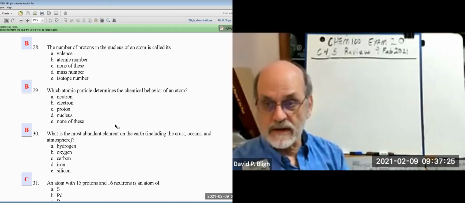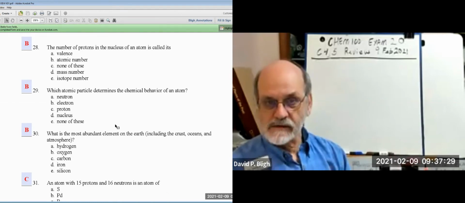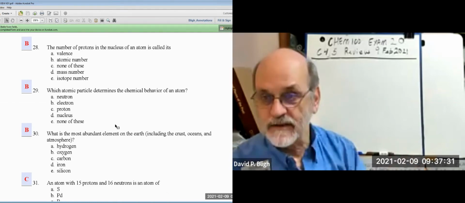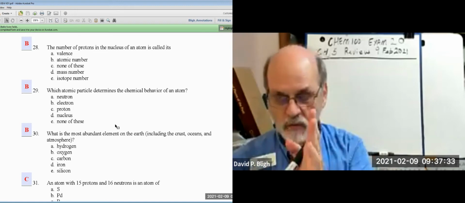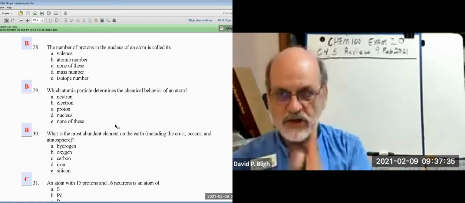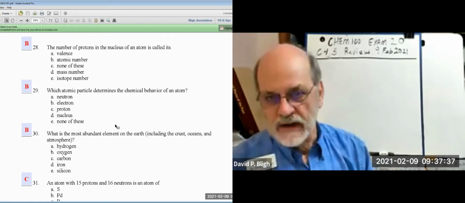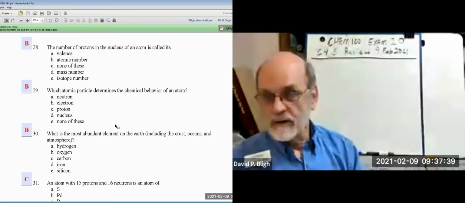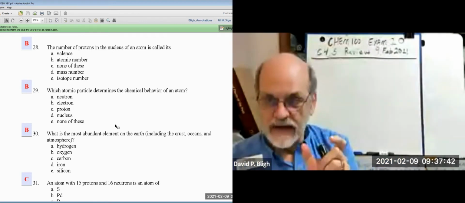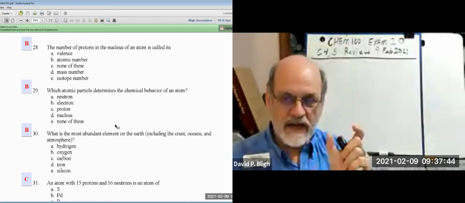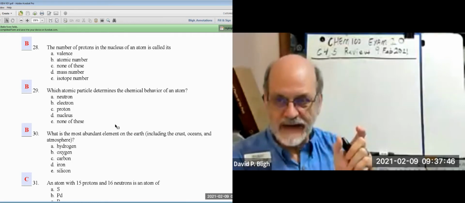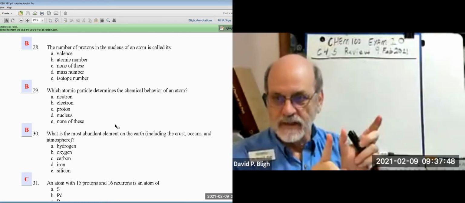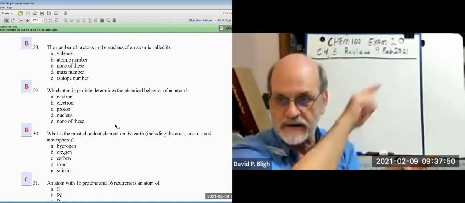Remember, Moseley was doing X-ray spectrometry with elements and found that he could predict the wavelength of one particular emission. He could predict that wavelength with a formula, and the only thing he had to change from one element to the next was a multiplier, an N number. And it was a whole number, 1, 2, 3, 4, 5, 6.